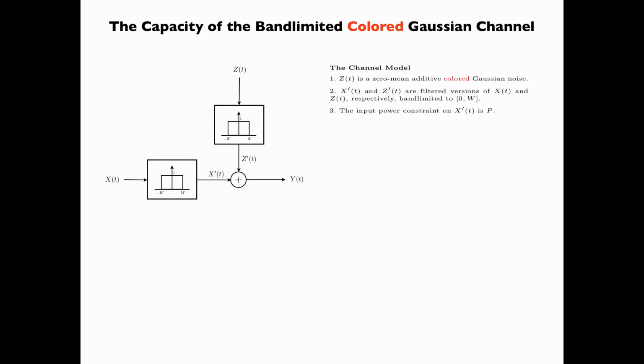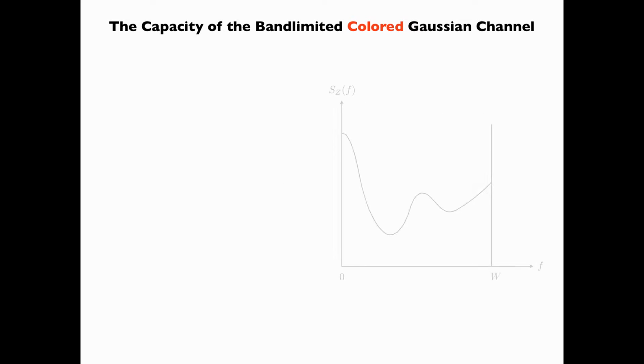And the input power constraint on the input process X prime of t is equal to P. This is an illustration of the power spectral density of a band-limited colored Gaussian channel. We now derive the capacity of such a channel.